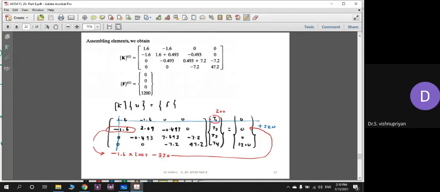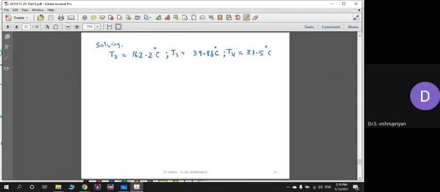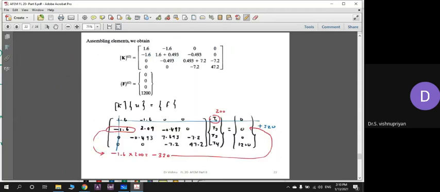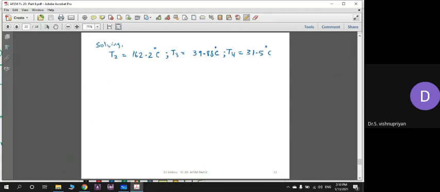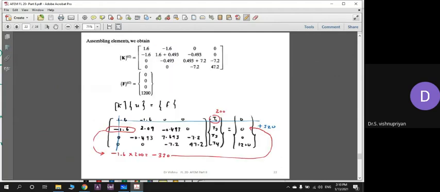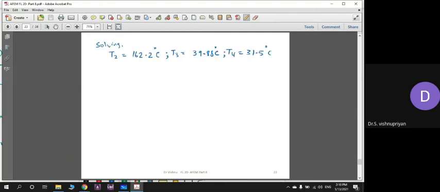So minus 320 should go to the other side as plus 320. So the actual load vector on the right side will be 320, 0, 1200. If you solve it, you get these numbers for T2, T3, T4. Again, this looks logical because T1 is given to be 200 and the temperature slowly reduces.